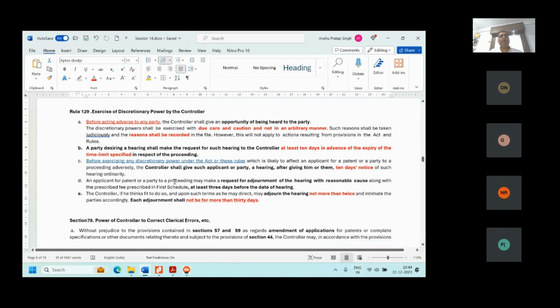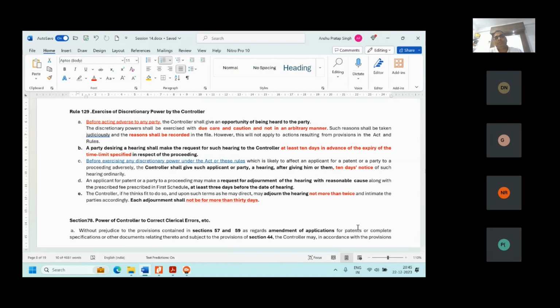Then comes an applicant for patent or a party to the proceeding making a request for adjournment of hearing with reasonable cause. If you are requesting an adjournment, then that request should be at least 3 days before the date of hearing. You want a hearing to be adjourned, so please go before at least 3 days.